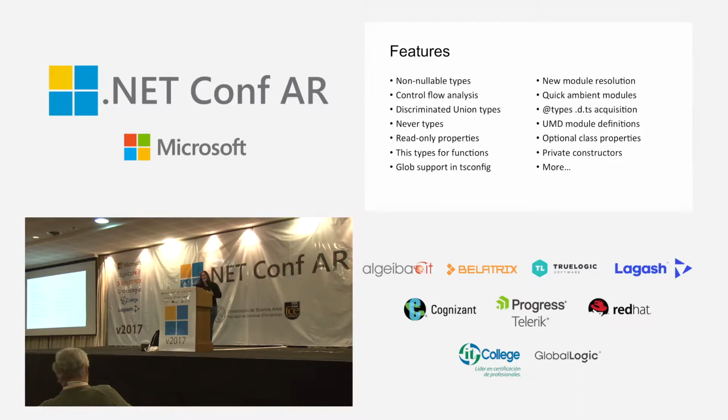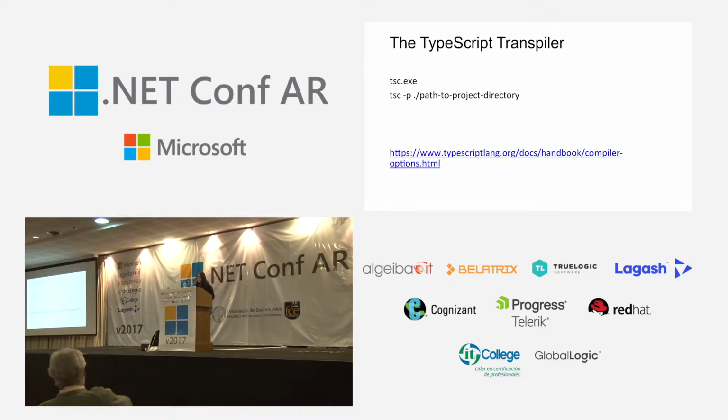Instead of giving us a compiler, what it does is it gives us a transpiler. It's basically a compiler that just compiles TypeScript to JavaScript, where a normal compiler compiles your high-level language into something lower level, like a bytecode or CLI for .NET or something like that. So it's very similar.